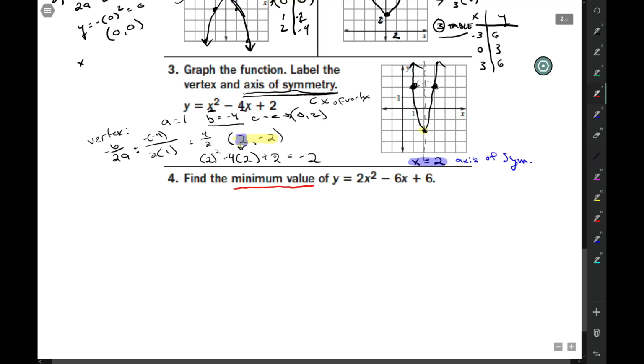Now, find the minimum value. Notice there's no graph here. That's because we don't need to graph. We just want the minimum. Well, Mr. D said something about the minimum being the y-coordinate of the vertex. So really, if you see this question, okay, find the minimum value, really it just means find the vertex.